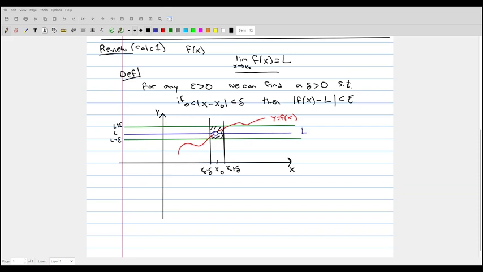Now, what's nice about this is that this definition directly extends to multivariable functions, almost word for word, and we'll see that in a second. So this is the exact mathematical definition of the limit from a Calculus 1 class.